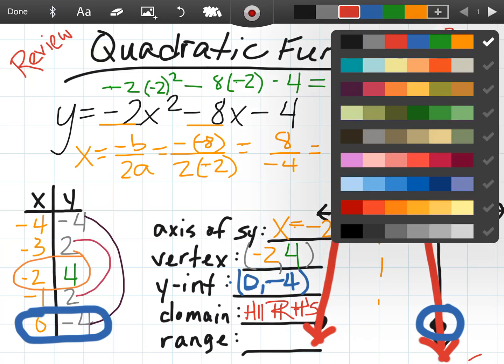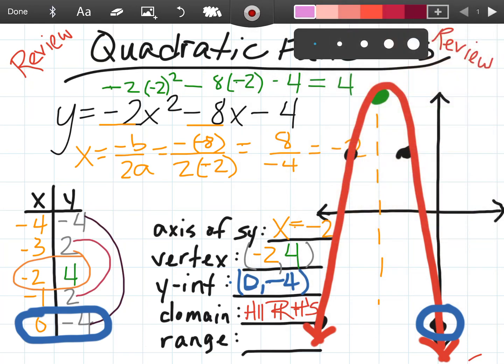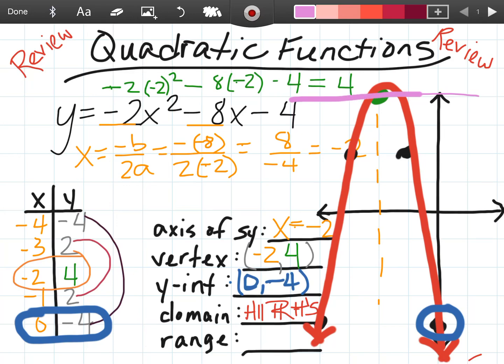So I'm going to pick a different color to work with here. How about a pretty purple pink? Okay, so my range. I need to focus on where my vertex crosses the y-axis, and it is right here at 4.